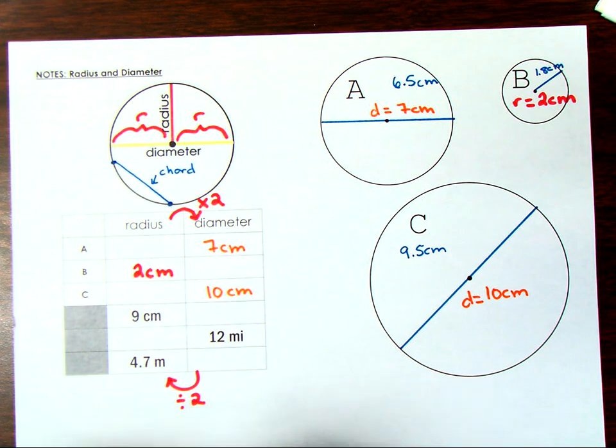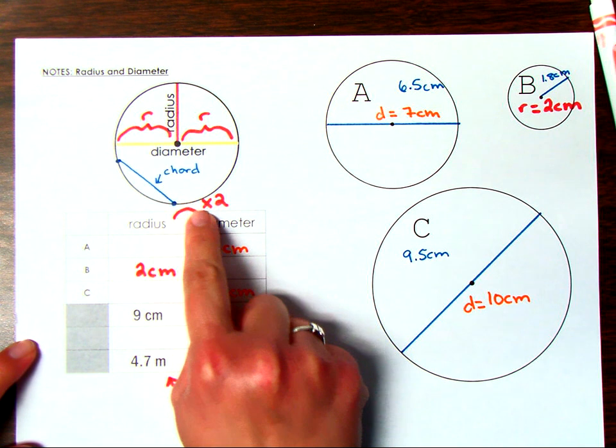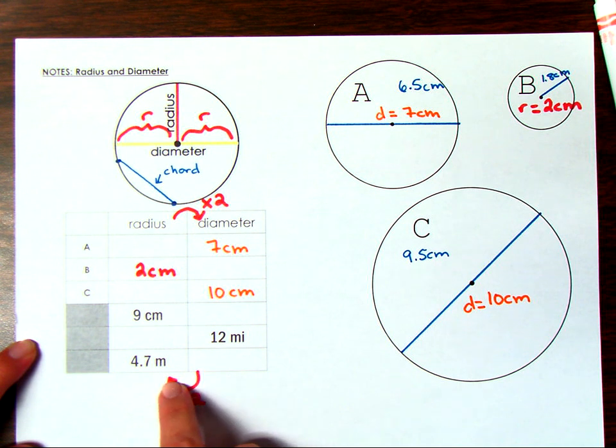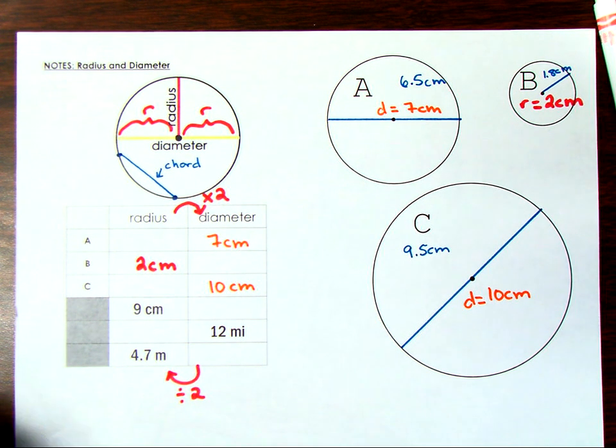So here's the good news. Once you know one, you're going to know the other. So follow your arrows. If I know the radius, I'm going to double it to get to my diameter. If I know my diameter, this is like my starting point, and the arrow is pointing to where I'm ending, I'm going to divide by 2 because half of your diameter is your radius.